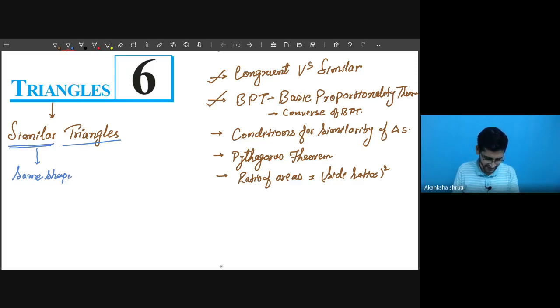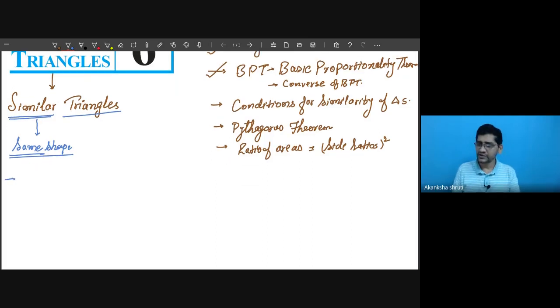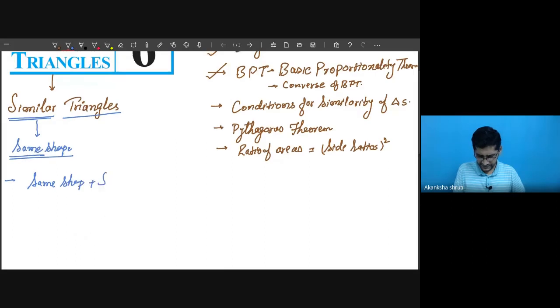If it is the same shape, then they are simply called similar. But if any two figures or two objects have the same shape plus the same size, then the concept is called congruent.